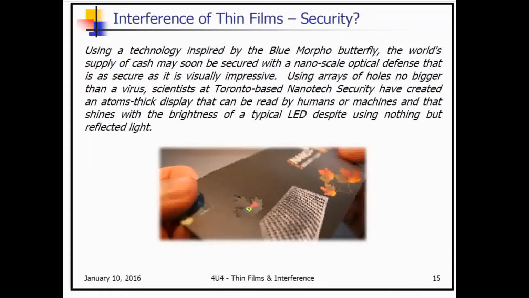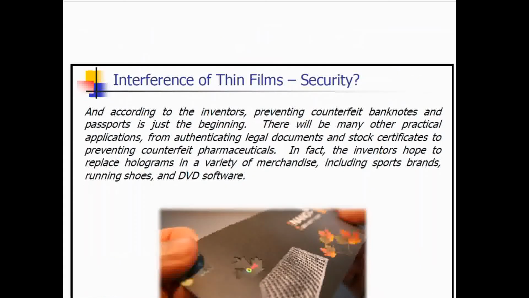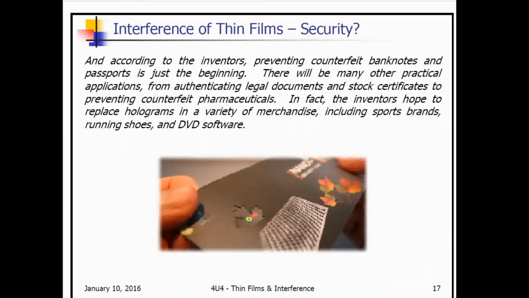For some non-natural uses, if you look at your money, we now have money that uses thin films to give that holographic effect. Very difficult to replicate that. So anytime we have something that we want to make secure, we would use thin films. I won't read this any further, but if you want, you can read through.